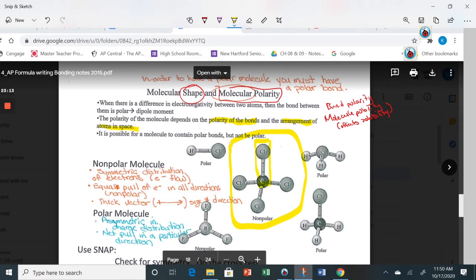Okay, this is all physics in vectors. We don't get into calculating the vector to say what my dipole moment is. You're going to hear this term called dipole moment.